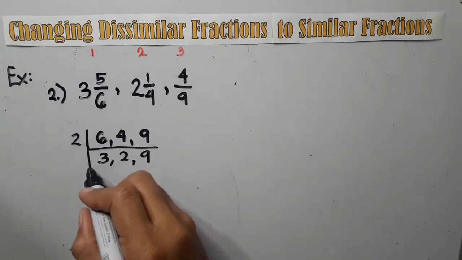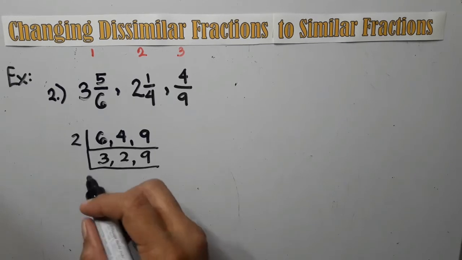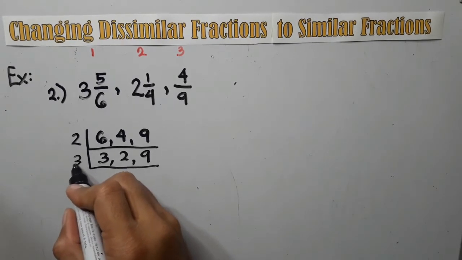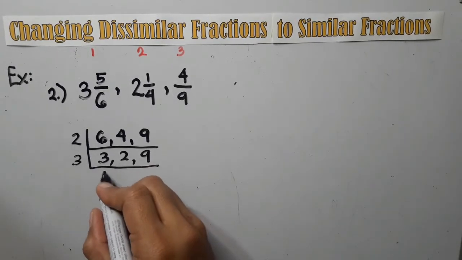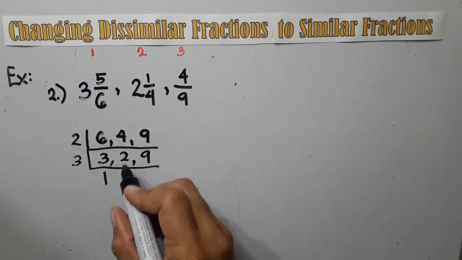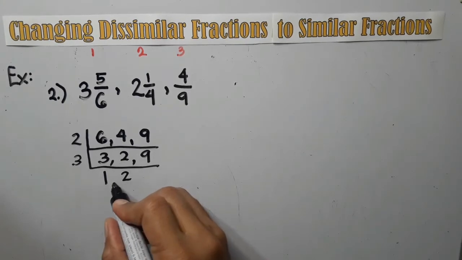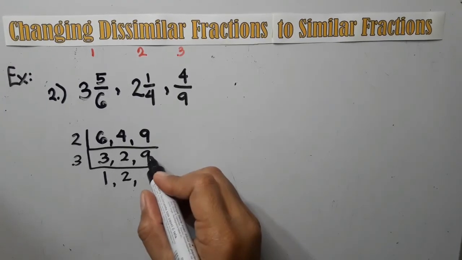Okay, then, think of another prime number that you can use to divide at least 2 of the given numbers. So, we will try 3. 3 divided by 3 is 1. 2 divided by 3 is not exact, so bring down the 2. And then, 9 divided by 3.